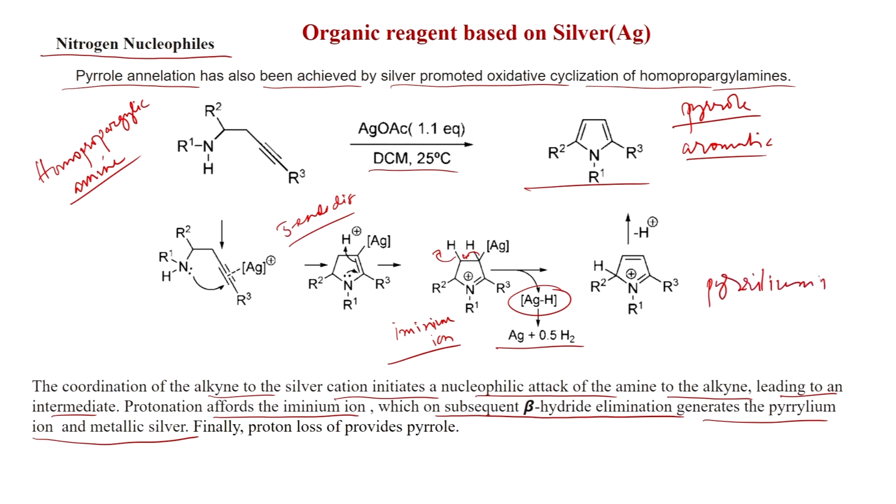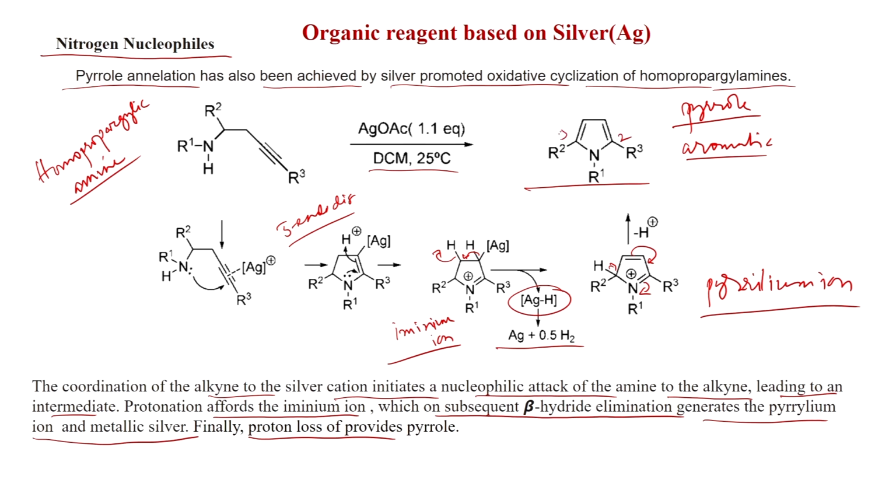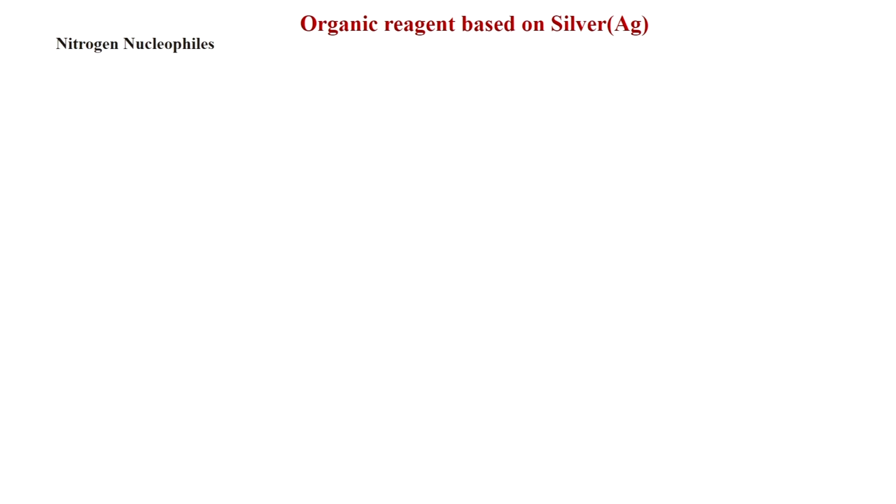And now, H plus will eliminate for the aromatization. Like this, H plus eliminates and generates the pyrrole. So, this is very important. When you put homopropargylic amine with silver acetate, you can get the pyrrole, substituted pyrrole actually. This is 2,5-disubstituted pyrrole you can get very easily. This was published in Organic and Biomolecular Chemistry 2004.